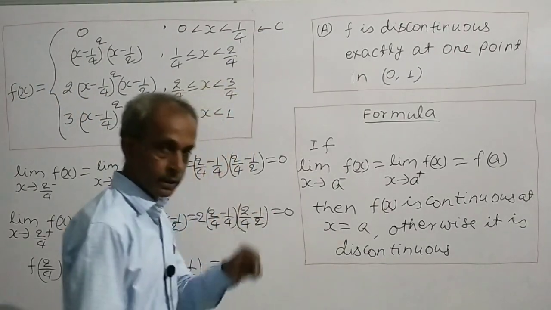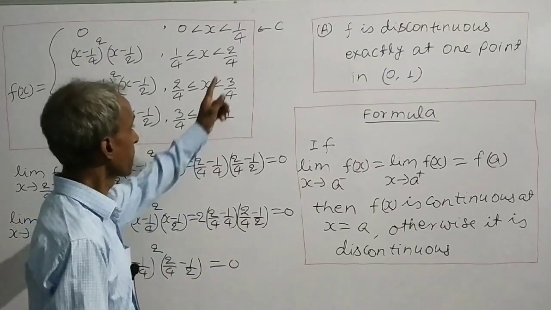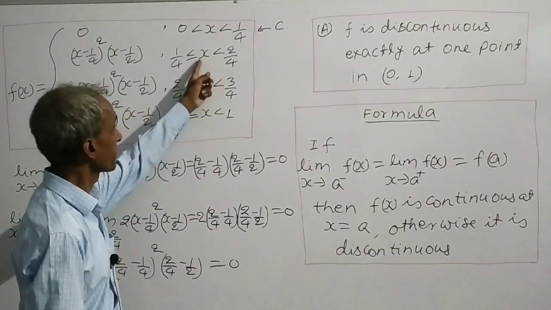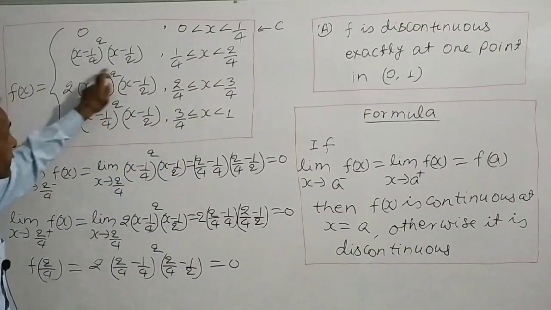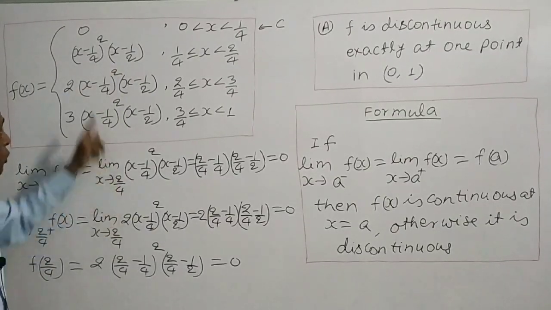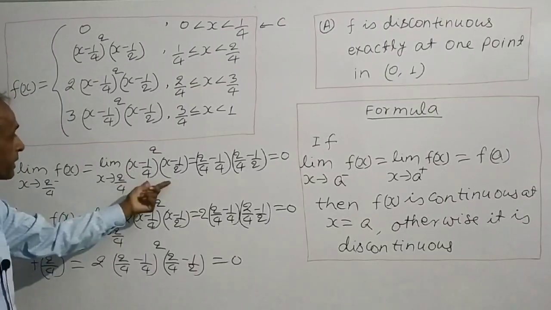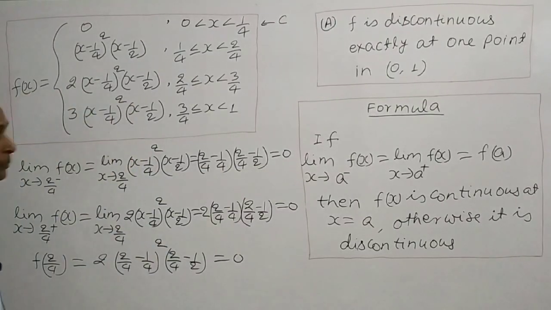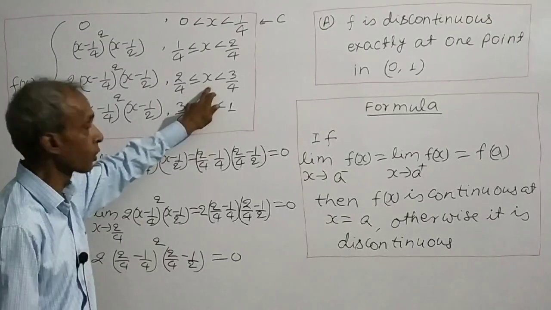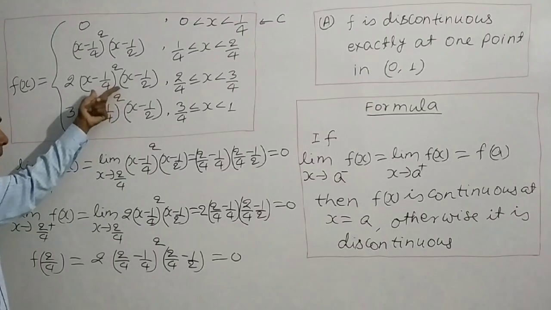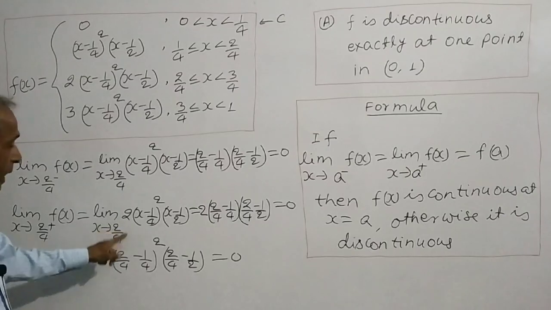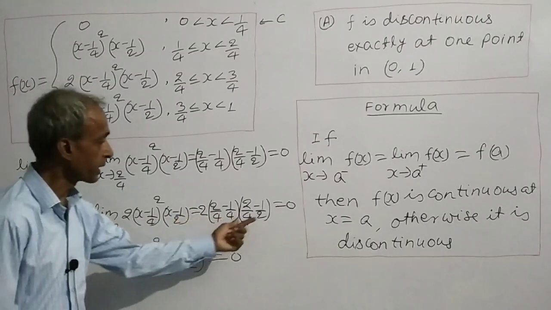Now we check the continuity at x equal to 2 by 4. When x is less than 2 by 4, the function is given by this expression, and when we put 2 by 4 in place of x in this expression, we get 0. When x is greater than 2 by 4, the function is given by this expression, and when we put 2 by 4 in place of x, we get 0.